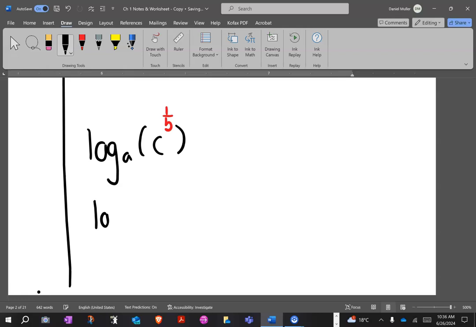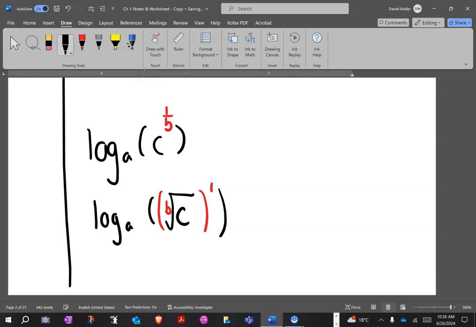So we've got log base a of c inside this radical. And the b, the number there on the denominator, goes into the valley. And then the numerator, that's just the power of 1. So to the power of 1.